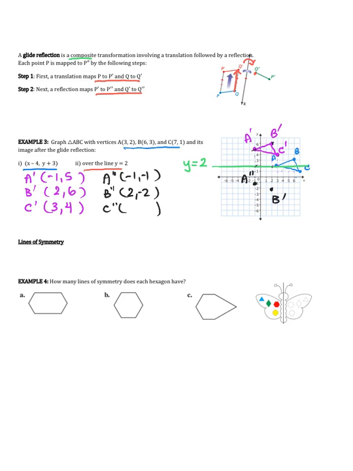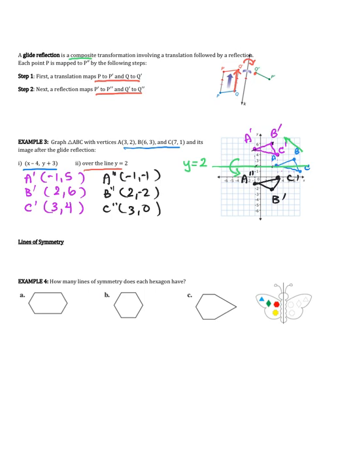So C is then going to bump to the other side 2 over. It's going to put it right on the axis at 3, 0. And there's basically the result of doing first a glide in that direction and then a reflect over the line y equals 2.